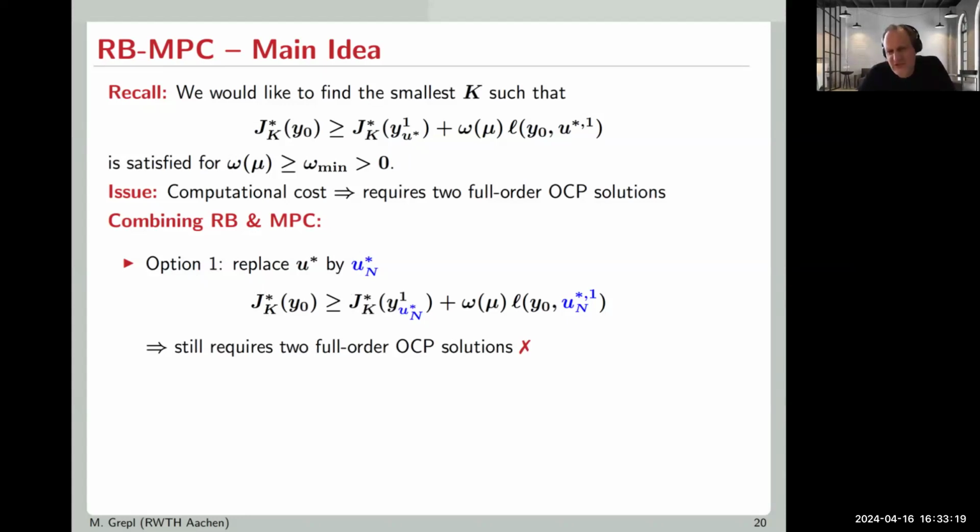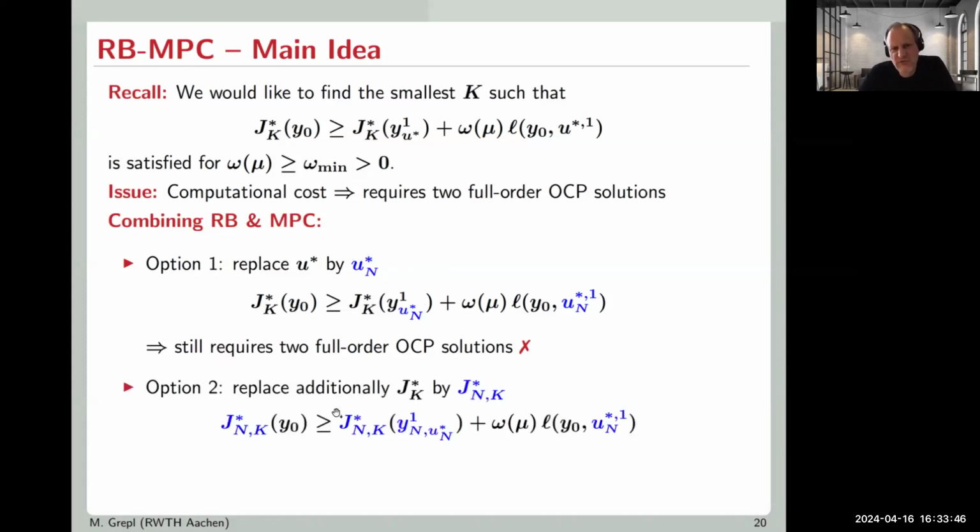So that approach is not enough to basically guarantee stability of the closed loop system. And by closed loop system, I mean computing the MPC feedback law from the reduced order model, but plugging it into the full order model. Okay, so controlling the full order model with a reduced basis MPC feedback law.